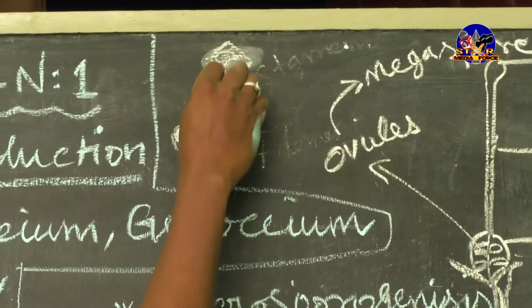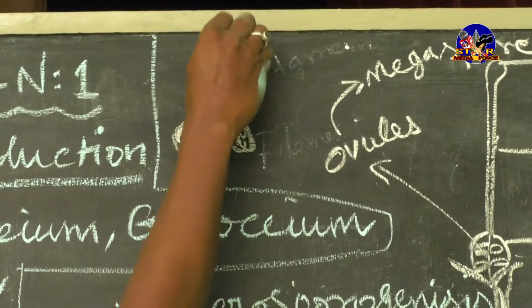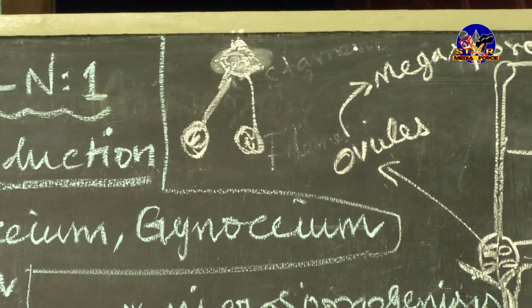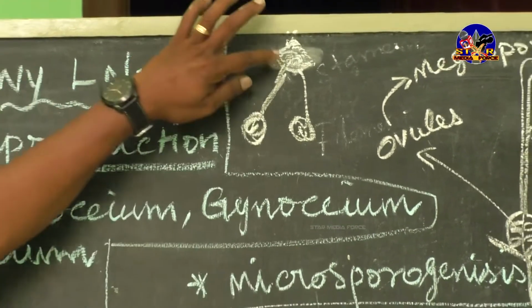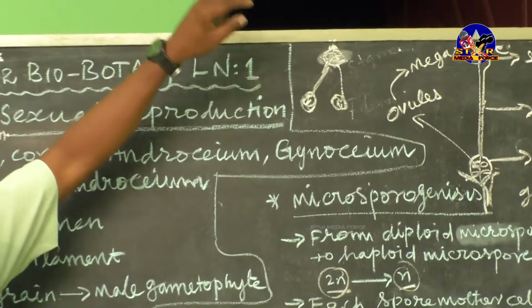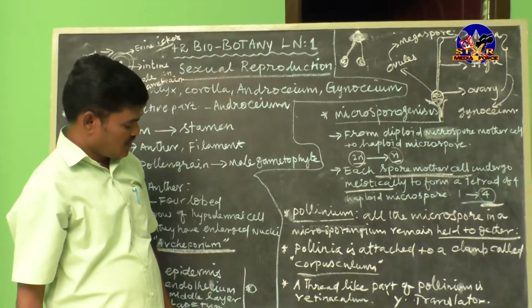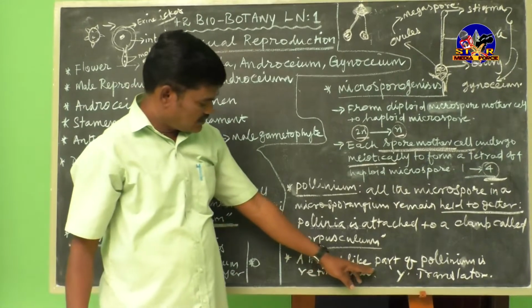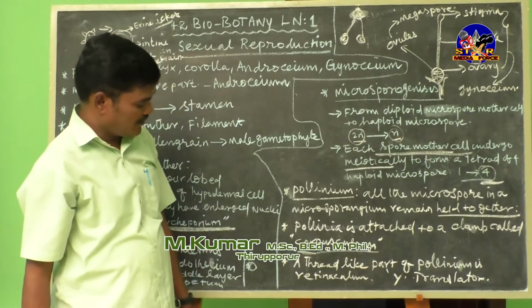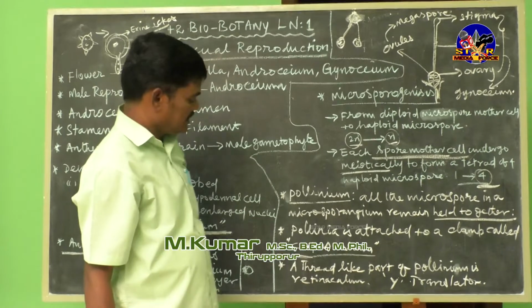Keep it in your mind. So this is called a corpusculum. These 2 spores are attached in the clamp. The thread-like part of the pollinium is called a retinaculum.